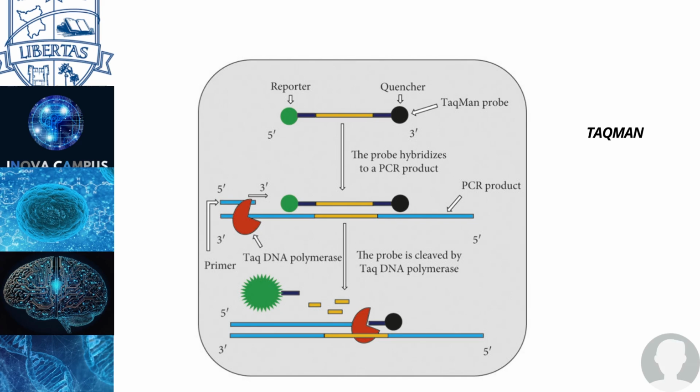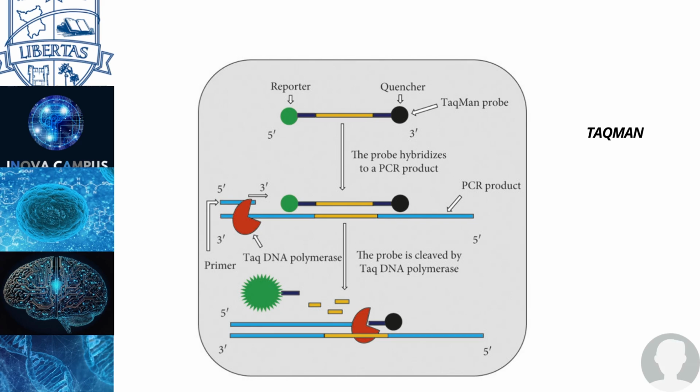So when we have a great multiplication of this particular gene that we are studying, the DNA of a pathogen present in the mixture in the sample that we're studying, both heads are cut by the DNA polymerase, and it glows again.